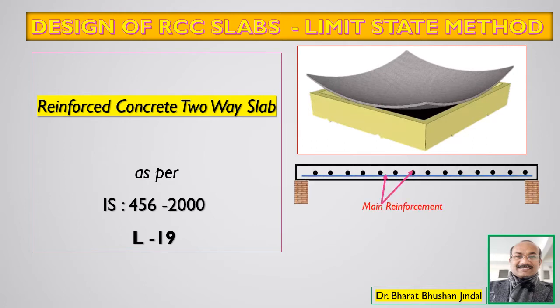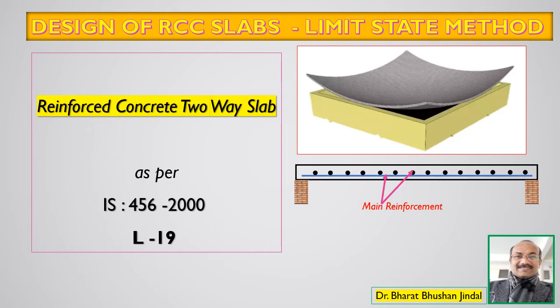And reinforcement detail here we are going to change. That means in case of a one-way slab, we are providing main reinforcement as well as distribution steel perpendicular to the direction of the main reinforcement. But when we are talking about the two-way slab, we are going to design the slab in both the directions. That means taking both spans, one along x-axis and the other along y-axis.